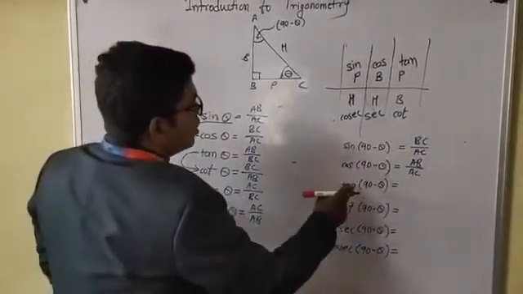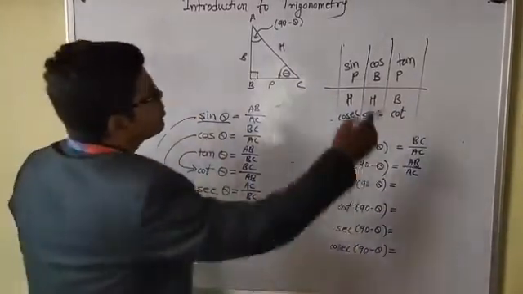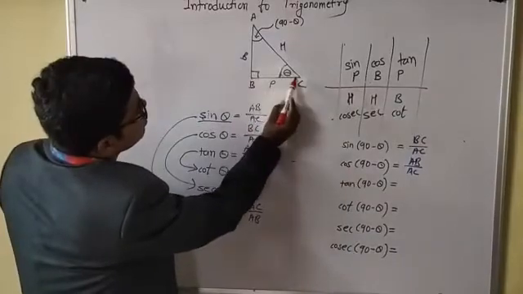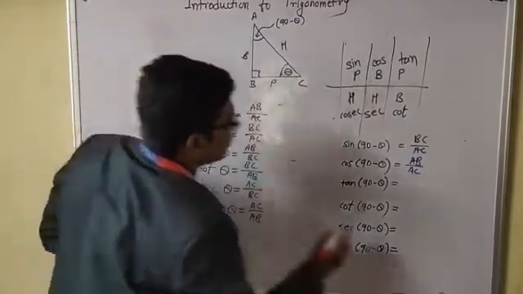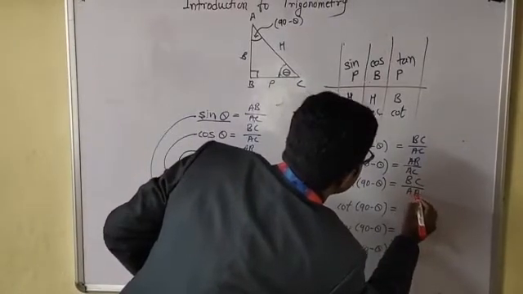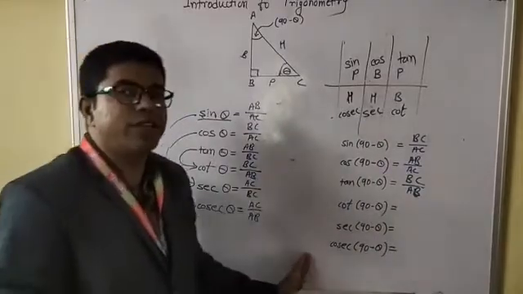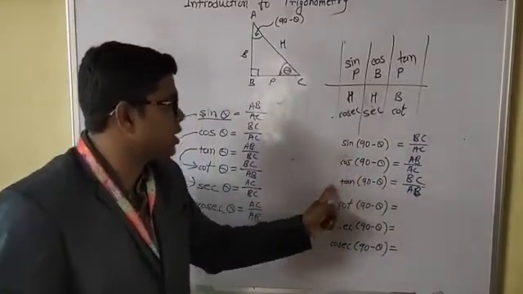Then tan 90 minus theta: perpendicular upon base, BC upon AB. And as we know, the remaining three ratios are the reciprocals of sine, cos and tan.